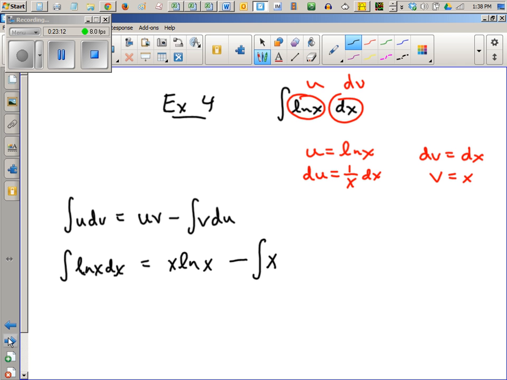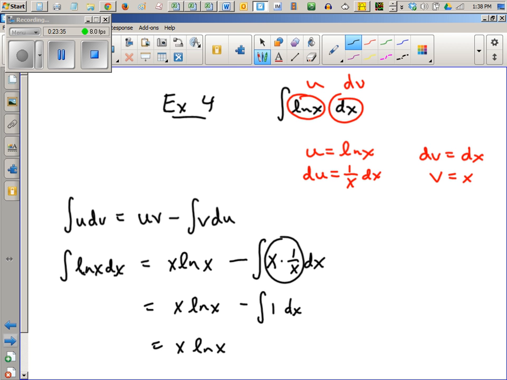This is so cool. There's your v. What's du? 1 over x dx. Oh, so this is just 1 right here. Okay, so it's x ln x minus the integral of 1 dx, which is just x.